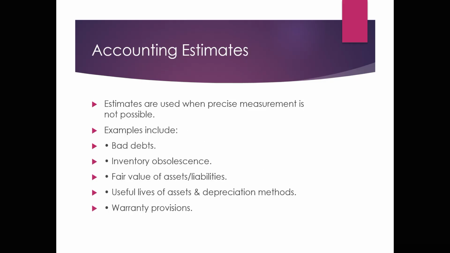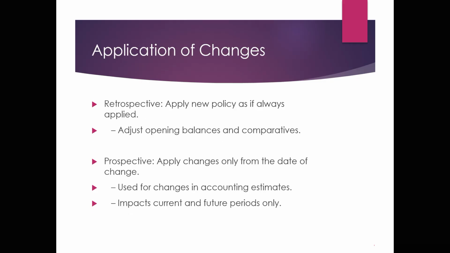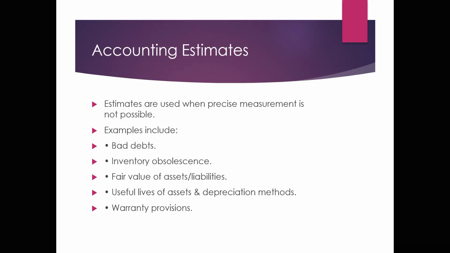So when is it an accounting estimate? Accounting estimates are used when precise measurement is not possible. For example, the depreciation rate that has been changed, sorry, the depreciation period that was changed from 10 years to 20 years.